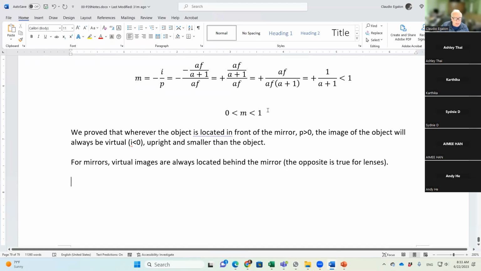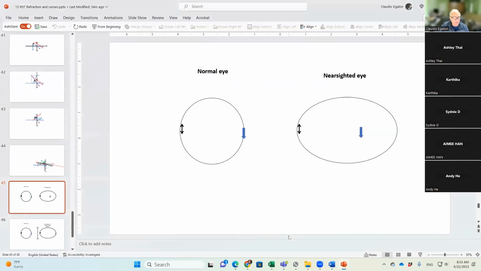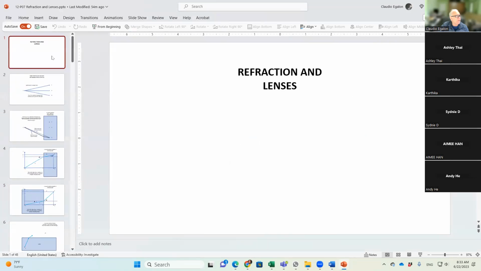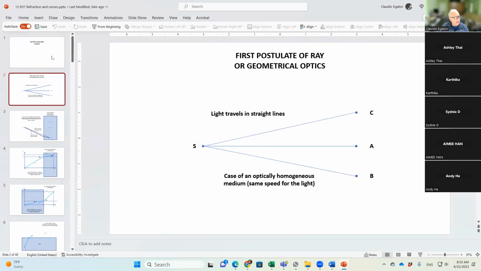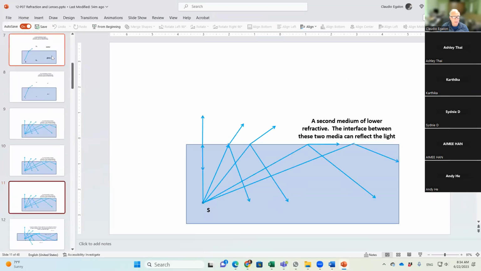And that's what we are going to do now. We're going to look at lenses. The techniques that we use for mirrors are very similar to the techniques that we use for lenses as well.